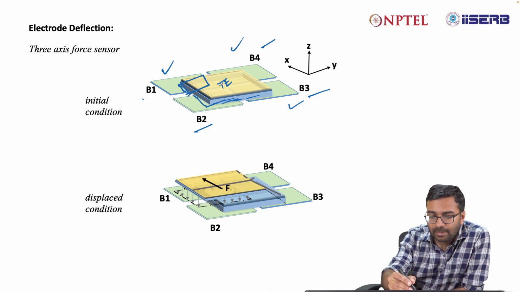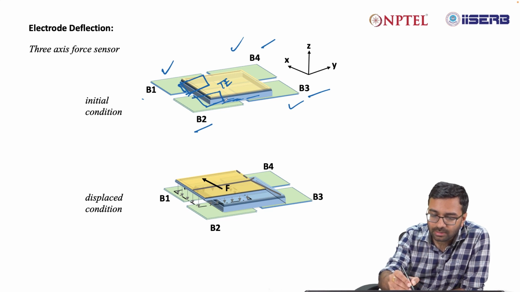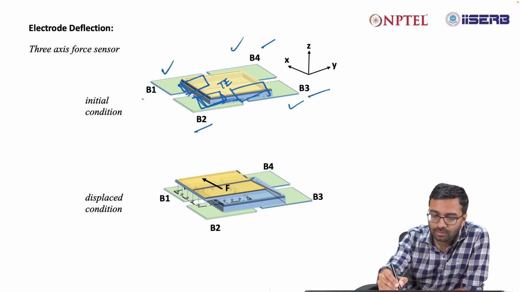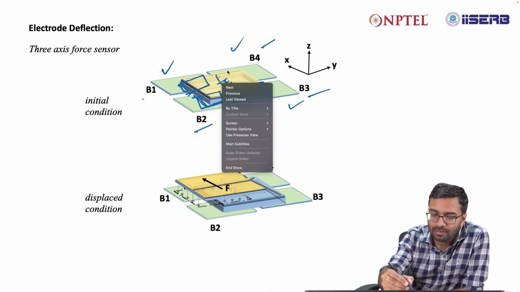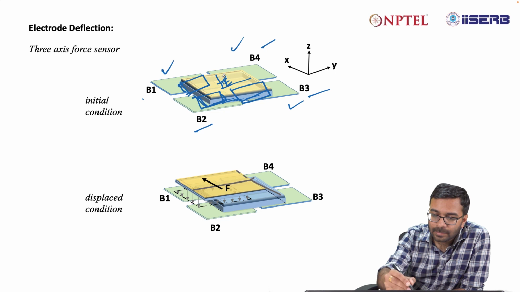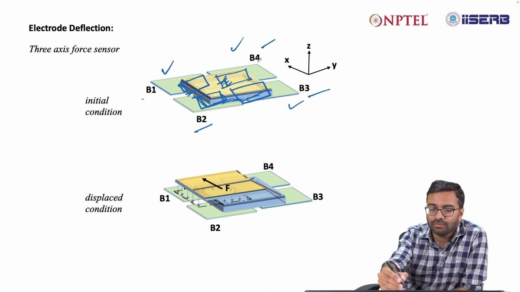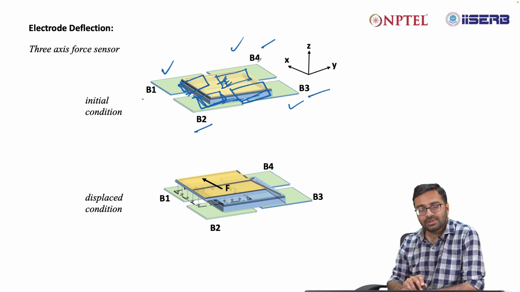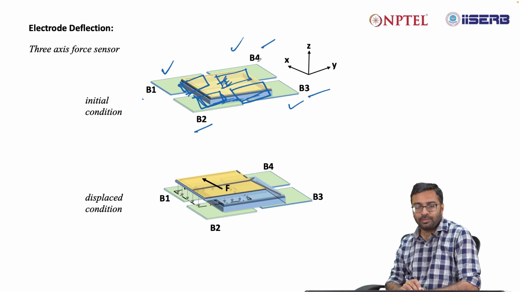Again, the capacitance between the top electrode and B2 will give you a result based on the overlapping zone here. The top electrode and B3 will give you a capacitance value based on the overlapping zone over here, and then you have again an overlapping zone between B4 and the top electrode. So it will give another capacitance value between the top electrode and B4.